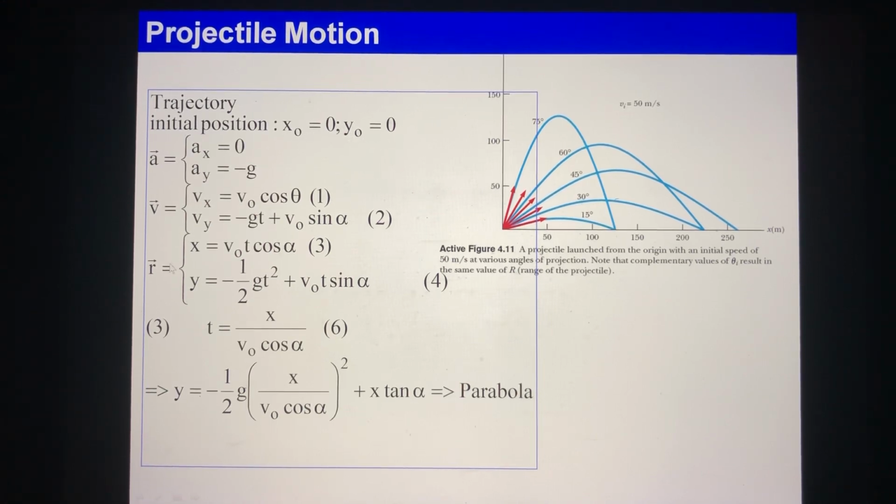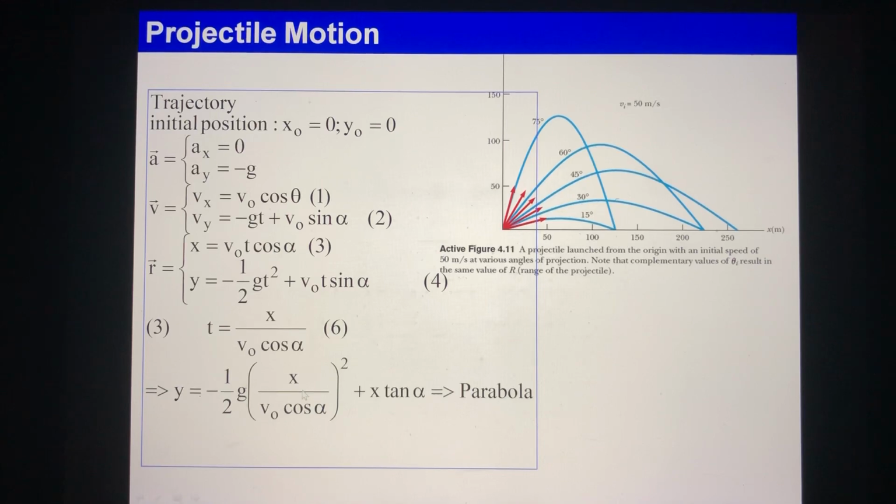So we derive the position vector like this. From x we get the time out and we put it in the y like this, where t here and t here, you write x over v0 cosine of alpha. So you have a y, you actually eliminate the time, and you have a function y depends on x.